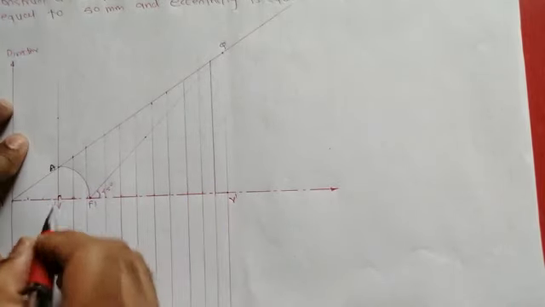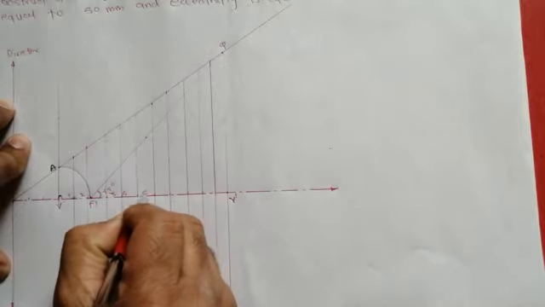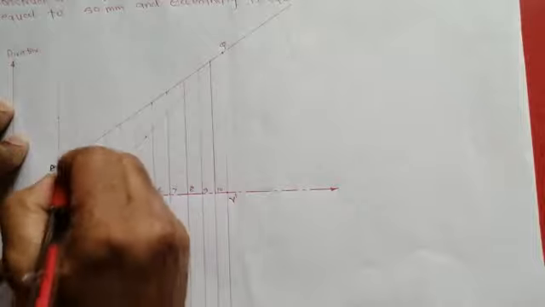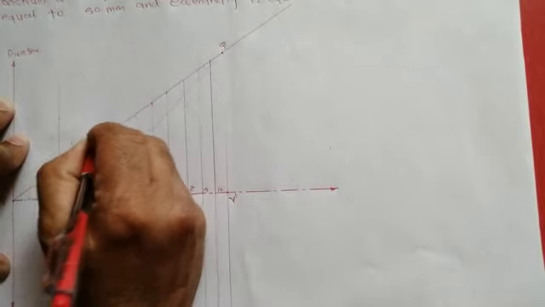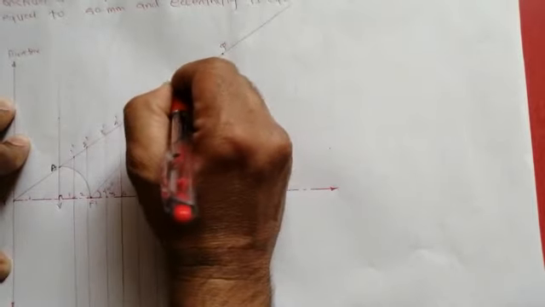Now we'll consider these as points 1, 2, 3, 4, 5, 6, 7, 8, 9 and 10. So here we'll get 1 dash, 2 dash, 3 dash, 4 dash, 5 dash, 6 dash, 7 dash, 8 dash, 9 dash and 10 dash.